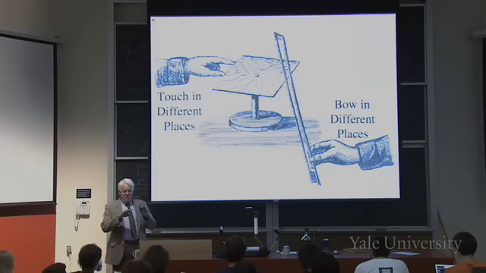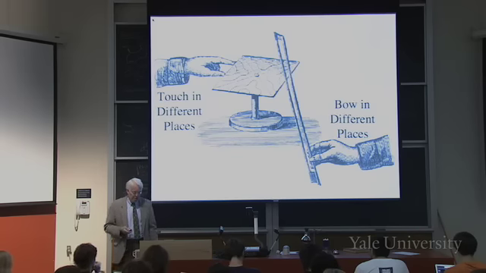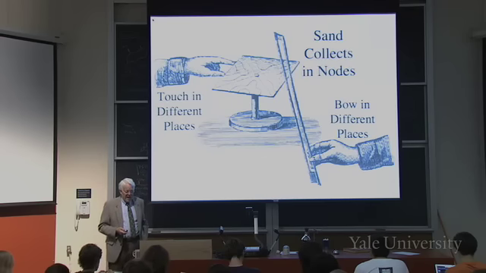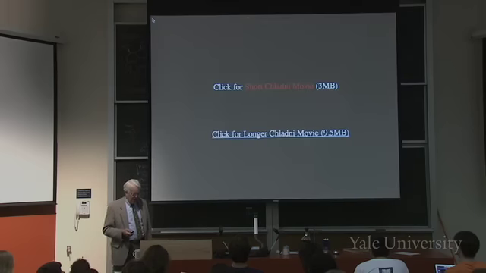This is why violins have the shape they have, so that they'll vibrate in certain ways when you bow to make them vibrate. And the sand collects where the plate isn't vibrating, because when it's vibrating, it shakes it away. So you get a picture of the pattern of vibration.